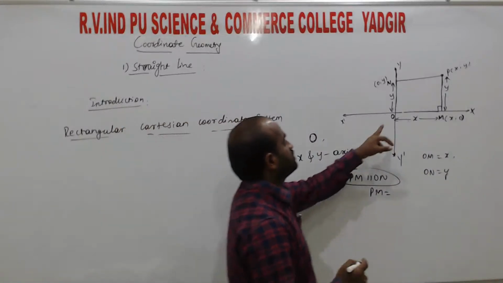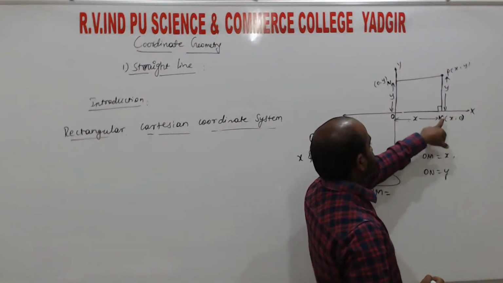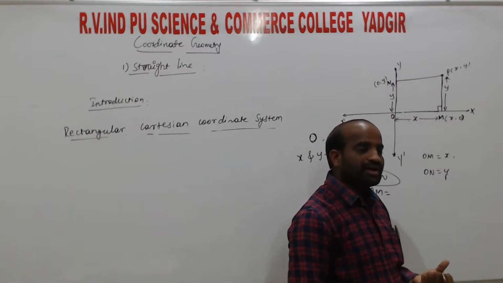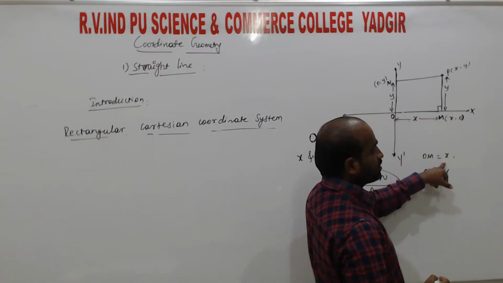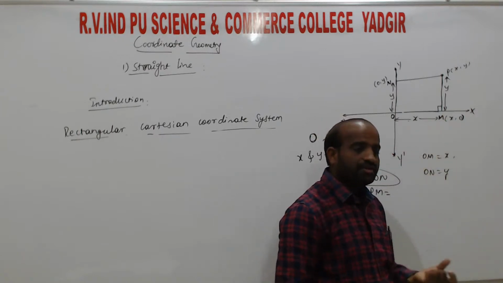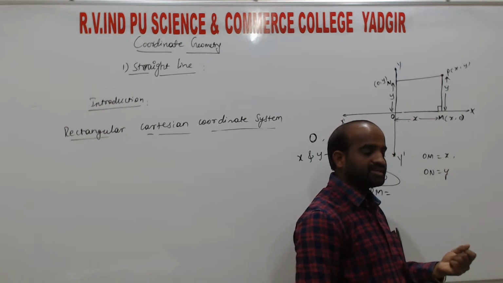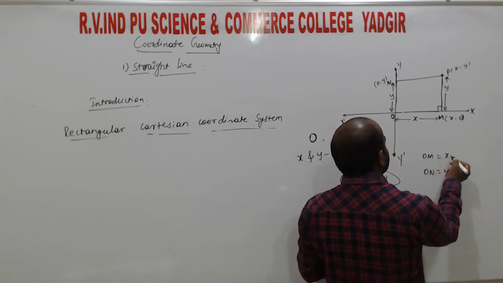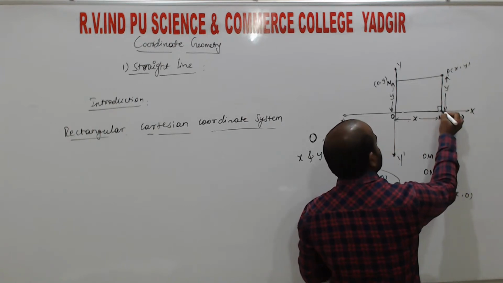Now this OM is equal to x. The coordinate of any point on the x-axis will be of the form x comma 0. This point M is of the form x comma 0 because it lies on the x-axis. N lies on the y-axis.